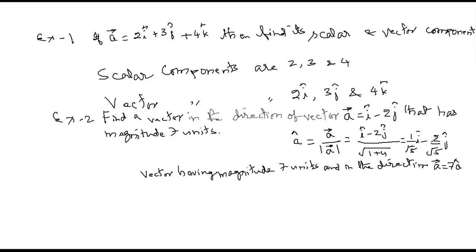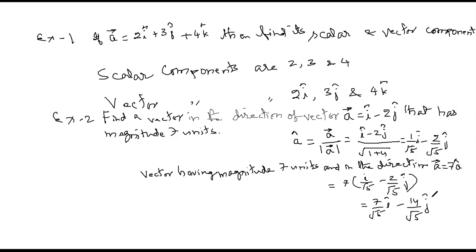So 7 times the unit vector A, where the unit vector A is i by root 5 minus 2 by root 5 j. Or you can write 7 by root 5 i minus 14 by root 5 j. So this is the vector in the direction of vector A which has magnitude 7 units.